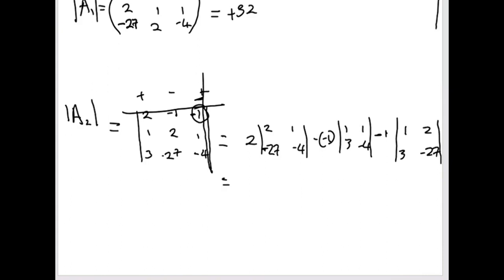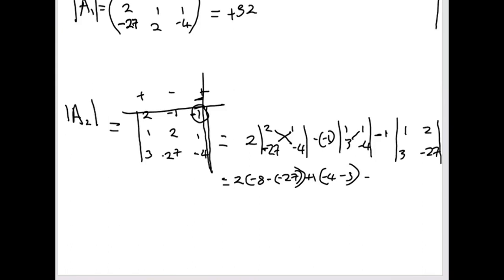Alright, so I'm going to get a determinant. So times -4 is -8 minus -27 times 1 is -27. And then minus minus is +1. 1 times -4 is -4. Then 3 times 1 is 3. I always put minus in the middle to get the final results.